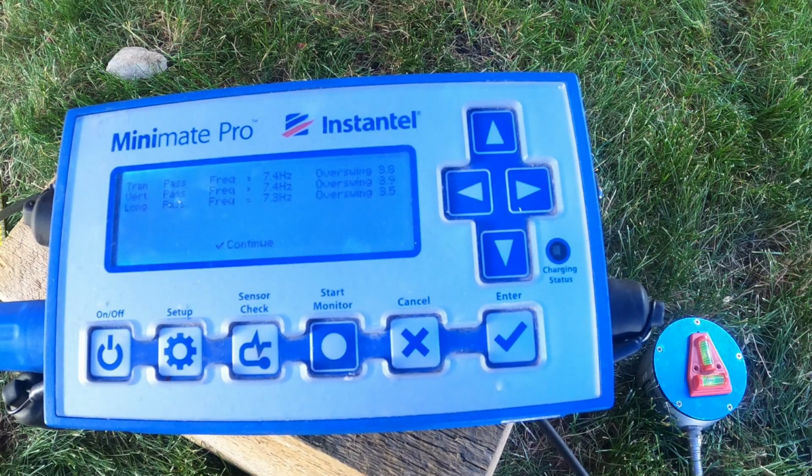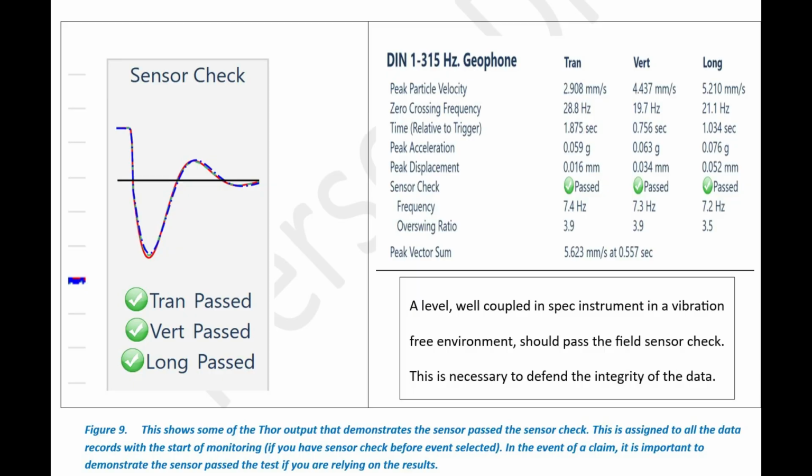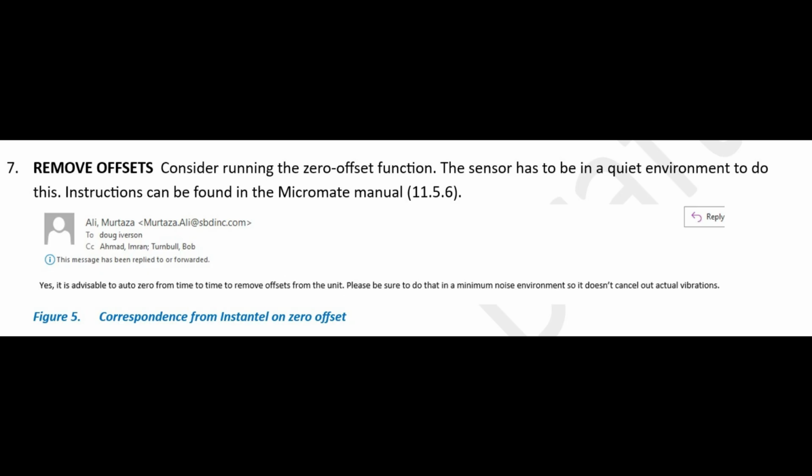So I will document that in my notes to show that my sensor check at the beginning passed, and then when I completed my work, the sensor was still in a position and secure and passed. And that's pretty much my process. Then lastly, on setup, I may decide to remove the offsets if I'm in a quiet environment. You should read up on this yourself.